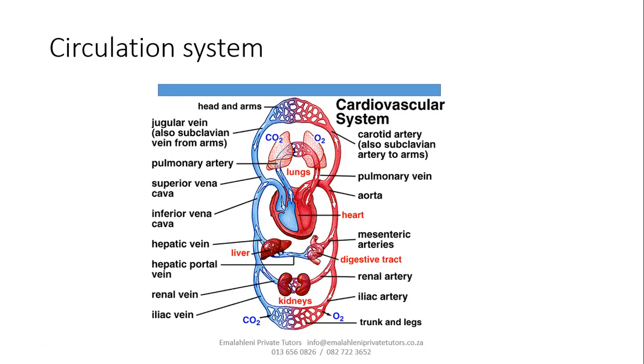Then we've got the iliac vein and iliac artery, which come from the legs. So we must always remember these veins: iliac vein from the legs, renal vein from the kidney, the hepatic portal vein, and the hepatic vein, from the liver and digestive tract.